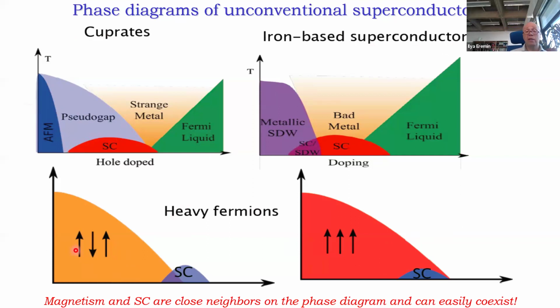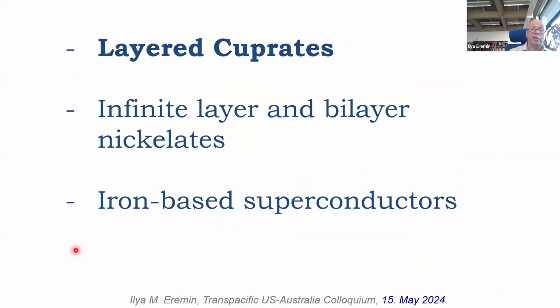So that is why they are very distinct, and at the same time they allow you to look into two quantum effects which basically coincide: superconductivity and magnetism. As I'm going to argue, you really need to understand magnetism in this system to understand superconductivity.